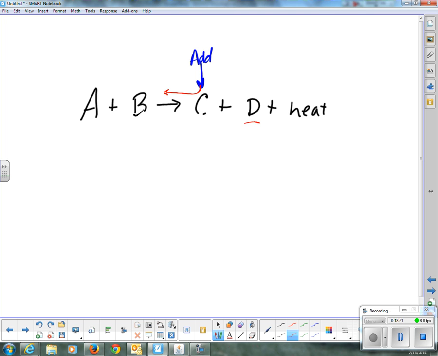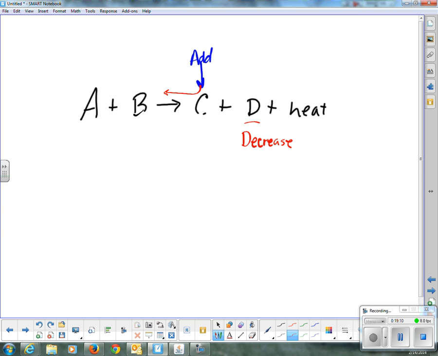So it's going to go reverse. That means I'm going to decrease D because I'm going to use some of D to combine with C to make A and B. Okay? If you're still having problems with this, you need to come in and see me because it is on the test, and it's on the test a lot.